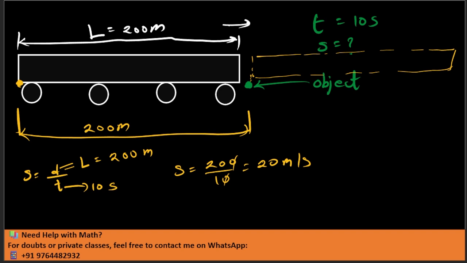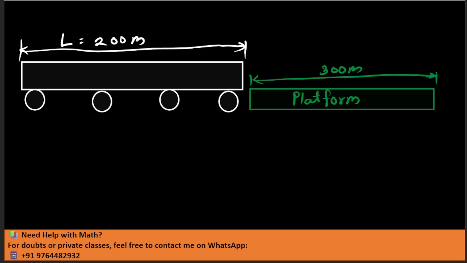Now let's see with the object having length. Now the same train is crossing a platform. The length of the platform is 300 meter, and now I am saying that it takes 50 seconds to cross this platform.